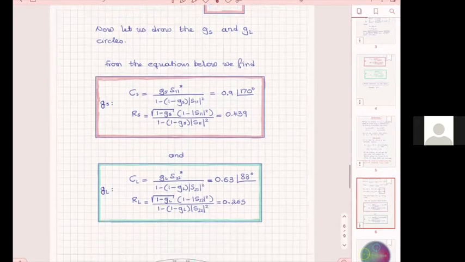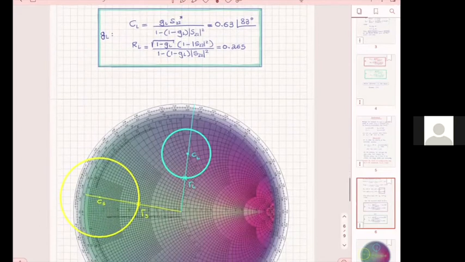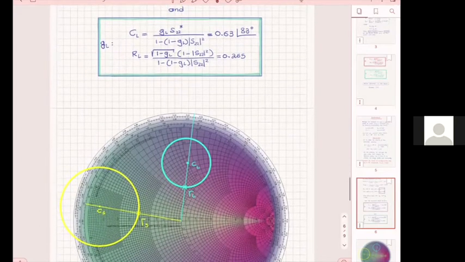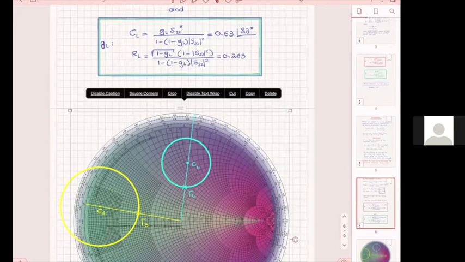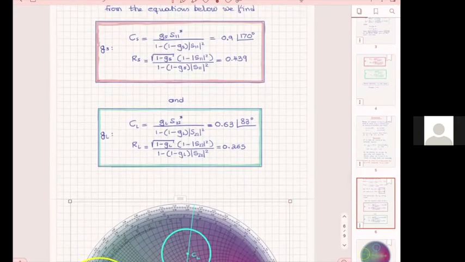Okay, so now, and that's where we stopped last time, I think, very briefly we went through that. Now we have two circles, and the interesting thing you need to keep in mind is the circles have centers, and the center of the circle, of course, is a point on the Smith chart, which means that it has a magnitude and it has a phase.